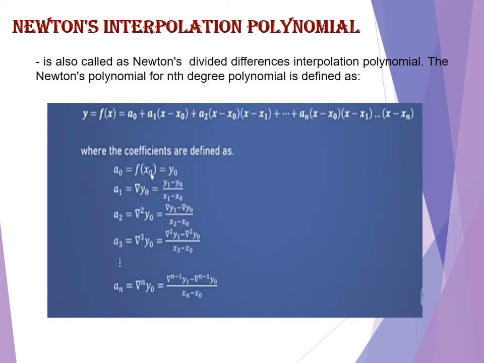A sub n is equals to inverted delta to the power of n y sub 0 is equals to inverted delta to the power of n minus 1 y sub 1 minus inverted delta n minus 1 y sub 0 over x sub n minus x sub 0.